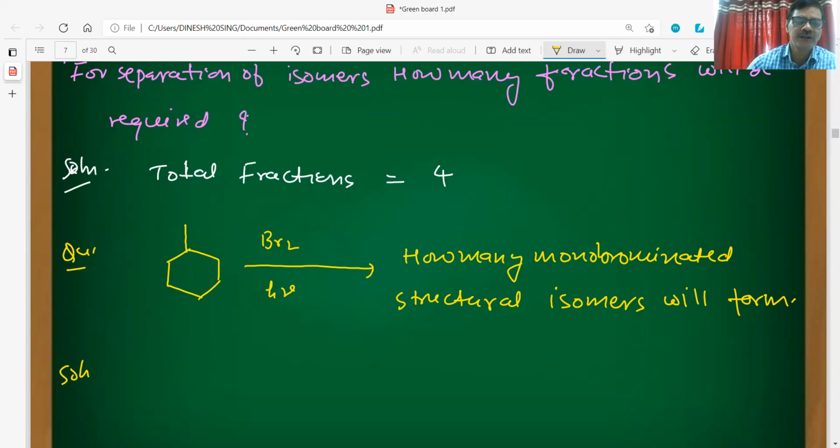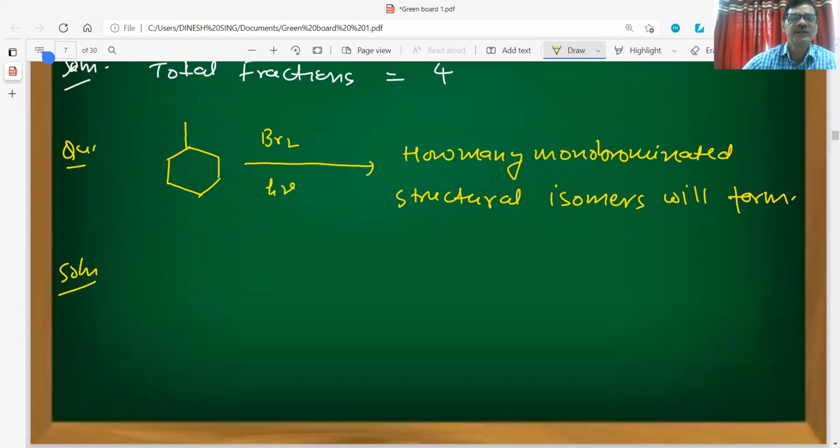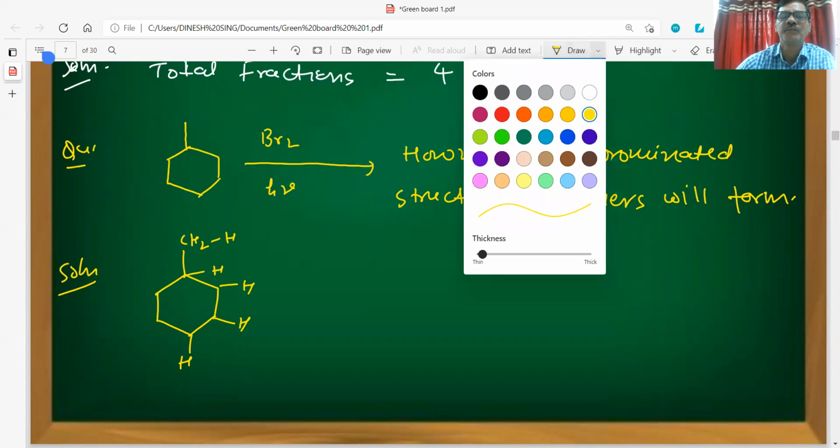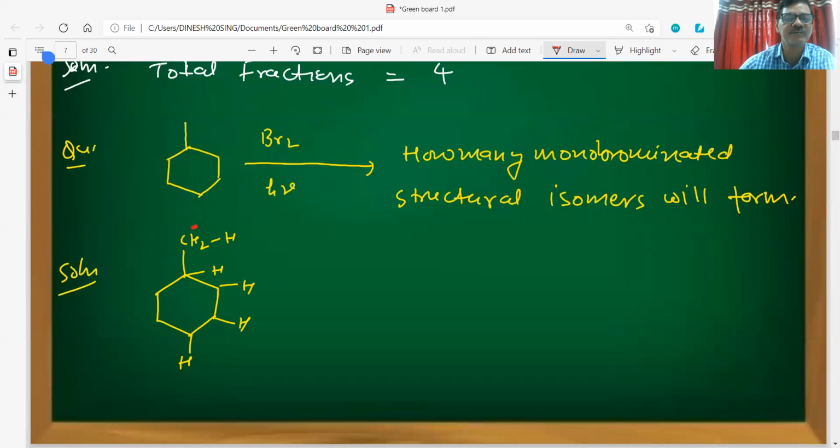For the solution, now we can see in this compound there is 1 H here, 1 H here, 1 H here, 1 H here. We have to identify the possible products. This is one type of carbon, this is another type, another type, another type.